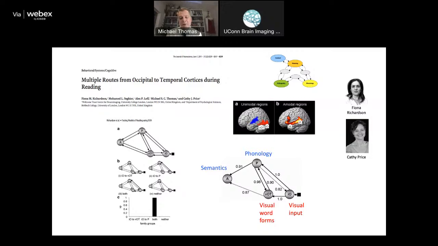And what you ended up with in this model was a demonstration that, first of all, the visual input, so this is occipital temporal area at the back, or more occipital, sort of visual input area, that direct from that visual input, you could get driving of phonological areas in posterior, superior temporal areas.